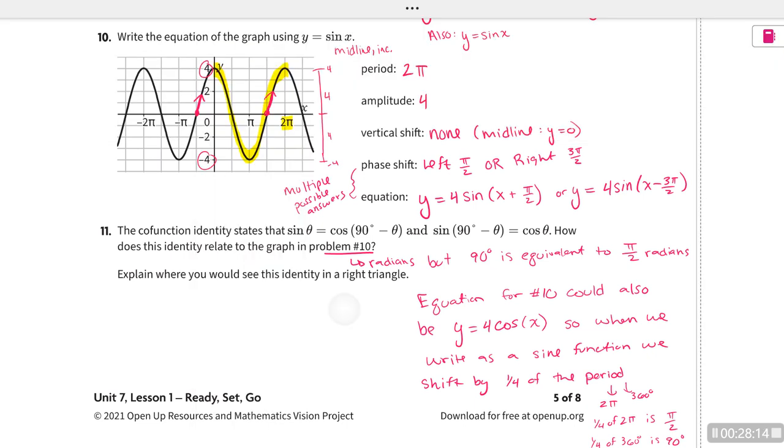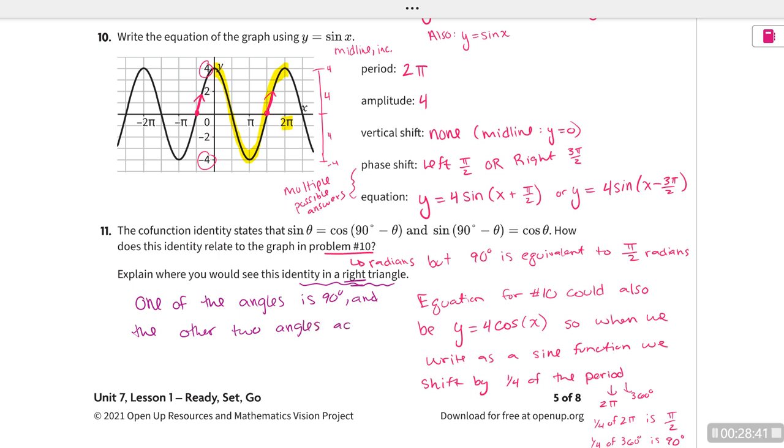It says, explain where you would see this identity in a right triangle. So in a right triangle, one of the angles is 90 degrees. That's what identifies it as right. And the other two angles add to 90.